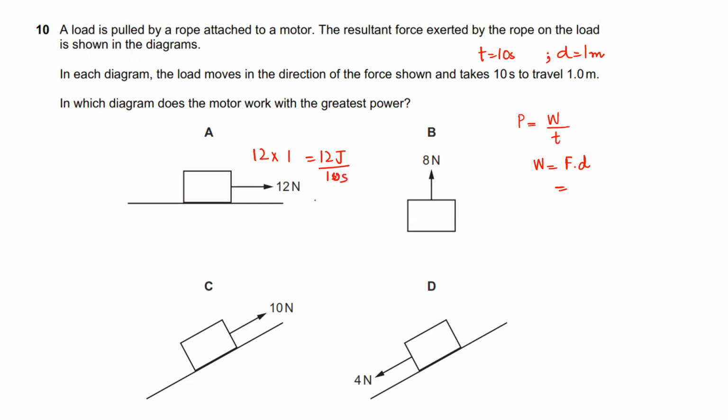Power will be 1.2 watts. Similarly, for this case, 8 multiplied by 1 divided by 10 is 0.8 watts. Similarly, for this it will be 1.0 watts, 10 multiplied by 1 divided by 10. And this is again 4 multiplied by 1 divided by 10, 0.4 watts.